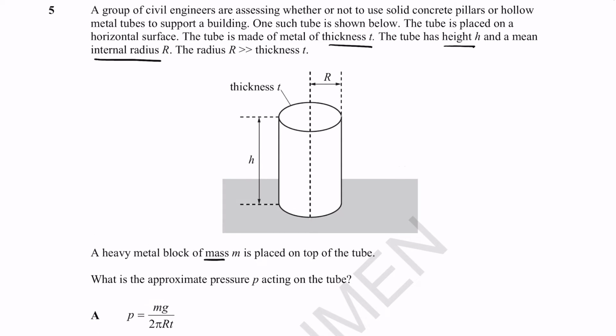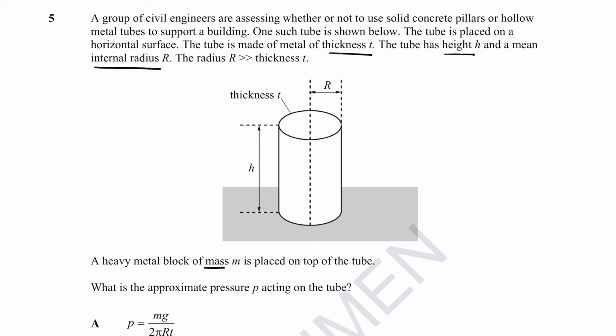Now, let's say that what we have over here is a hollow metal tube. Pressure is equal to force over area. So if it is hollow, the mass that we are placing will fit right in, so it would exert a pressure on the circumference of this tube.